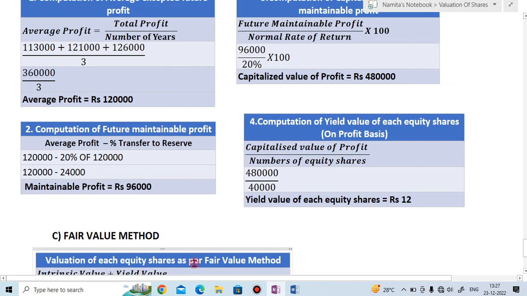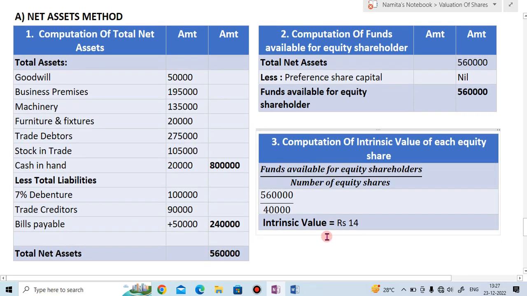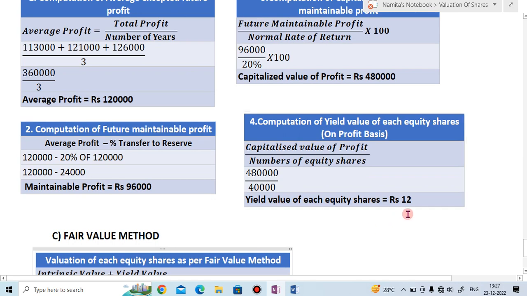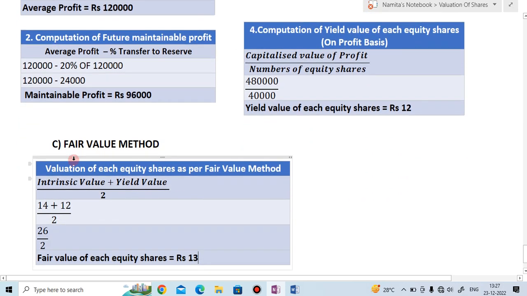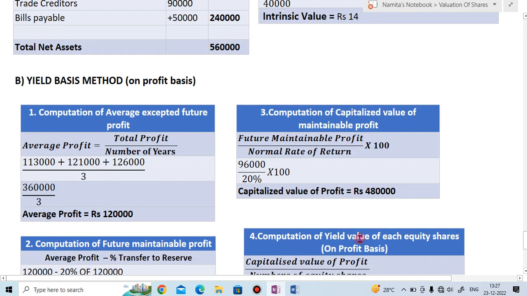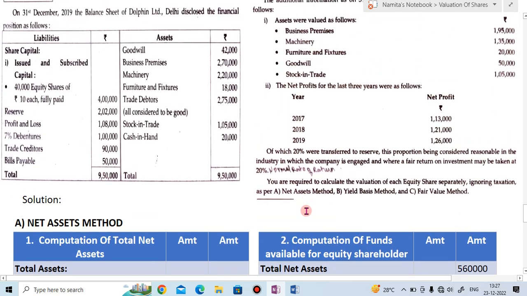So by net asset method, the value of the share is 14 rupees. By yield based method, the value of the share is 12 rupees, and by fair value method, the value is 13 rupees. In this way you have to find the valuation of share by each method, that is net asset method, yield based method and fair value method.